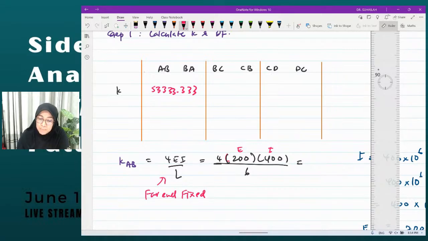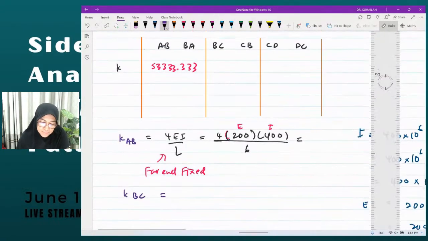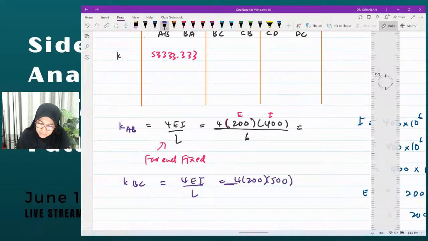Okay, what about BC? KBC, we also use 4EI over L. This time, it is 4 times 200 times 500 divided by 5.